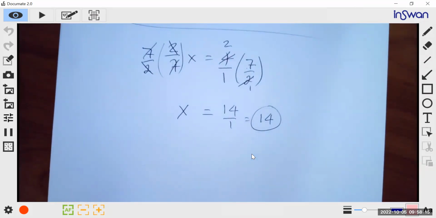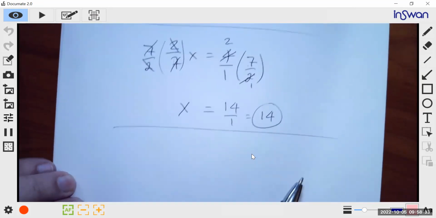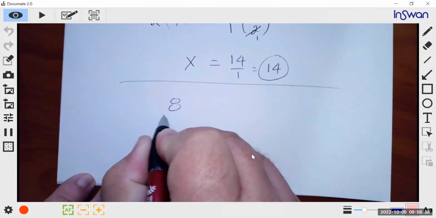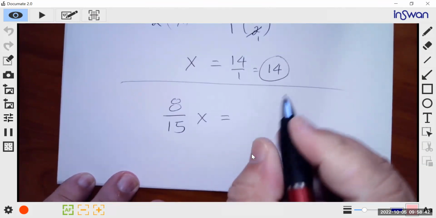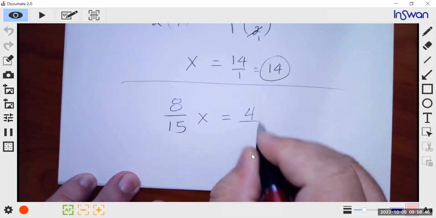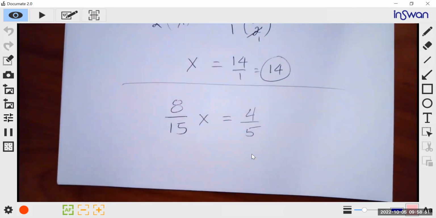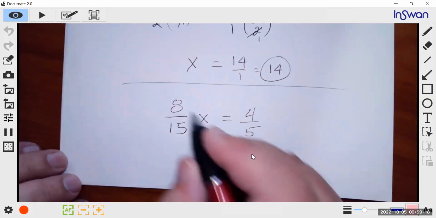So that's your answer. 8 over 15 x equals 4 over 5. What do we multiply by?